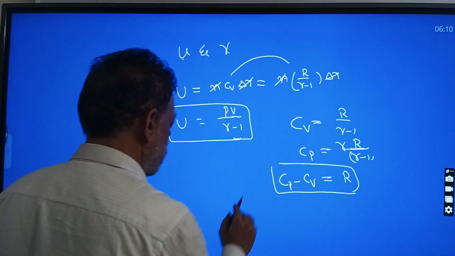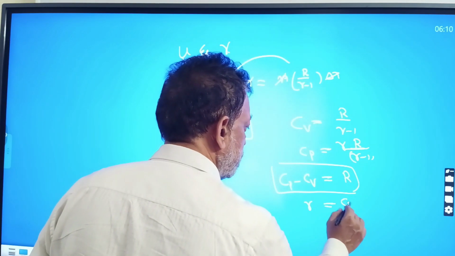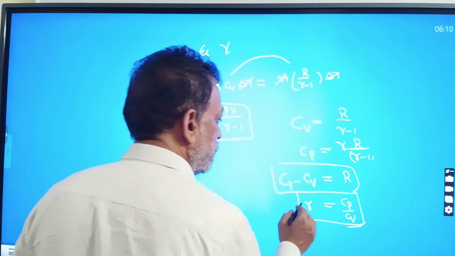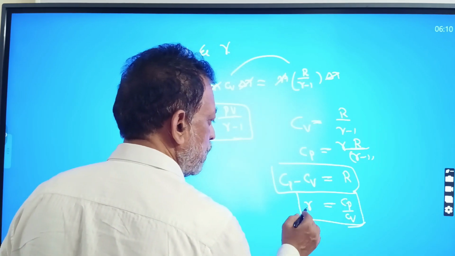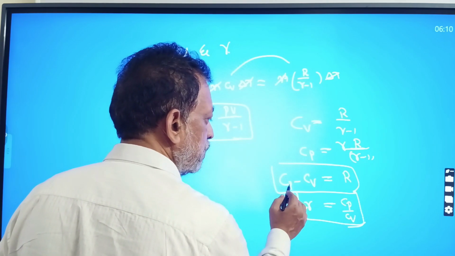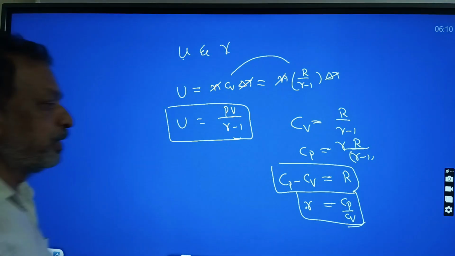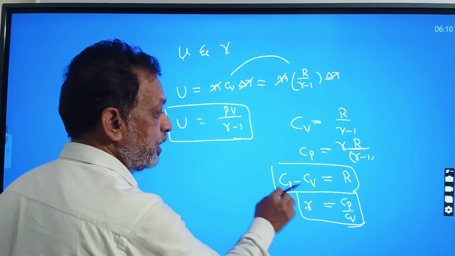From this only you got it. Then gamma is equal to Cp by Cv. So substitute it: Cp is equal to gamma Cv. That's all, simple. From this relation, we get Cp and Cv. It is called Mayer's formula.